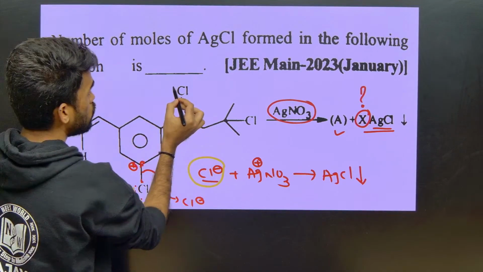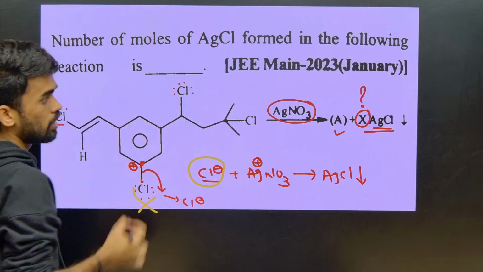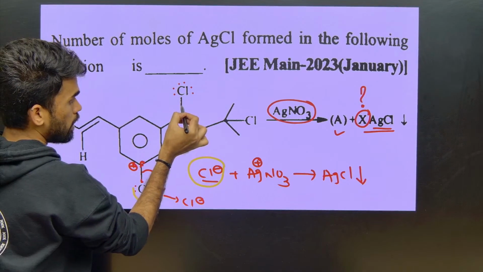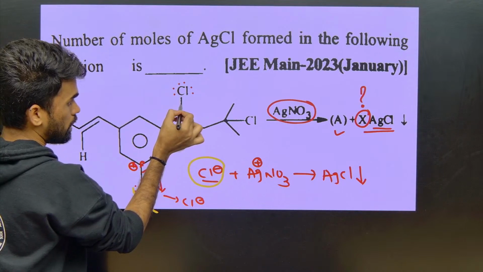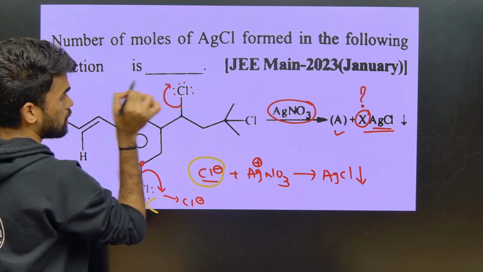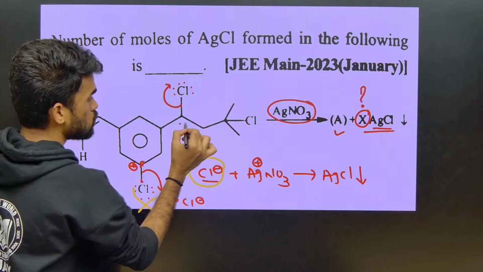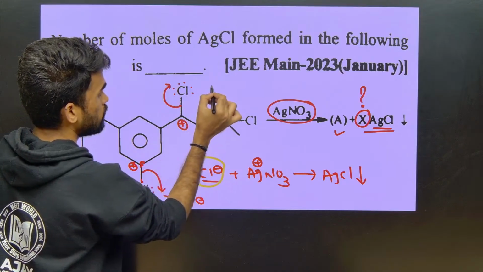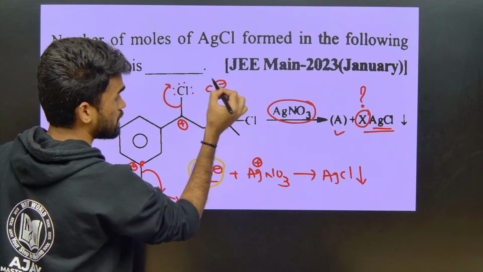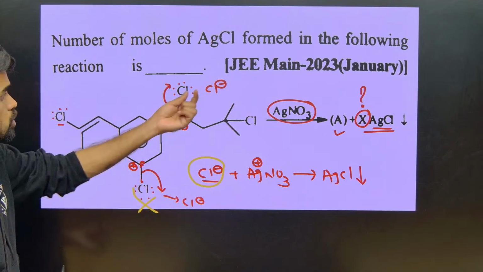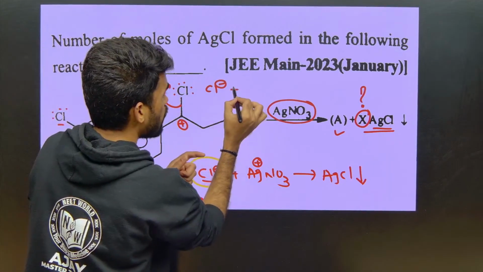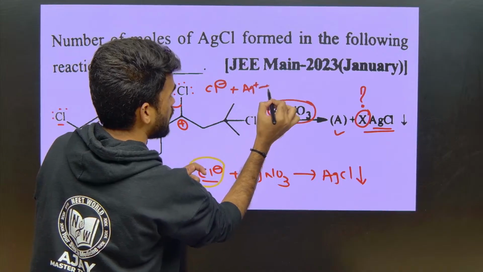If you look at this chlorine, since chlorine is more electronegative, it will take the bonded electrons towards itself, creating a positive charge on this carbon, and chlorine goes out as a chloride ion. This chloride ion can form a precipitate with the Ag plus ion to form AgCl.